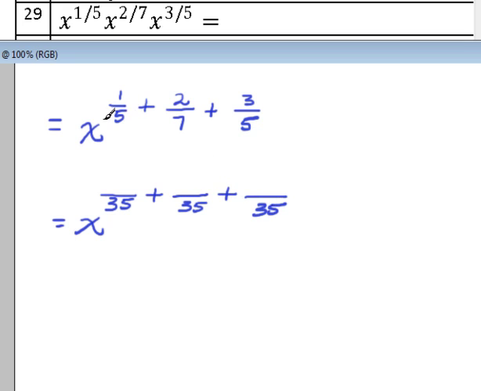We'll multiply top and bottom here by 7. And here we multiply top and bottom by 5. 5 times 2, so we have 10. And here we multiply top and bottom by 7. 7 times 3, that's 21. Then just add up those numerators. 10 plus 21 is 31, plus 7 is 38.